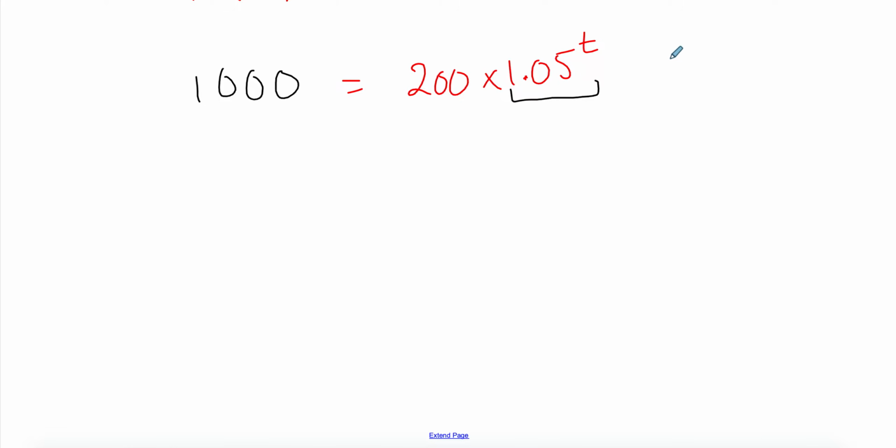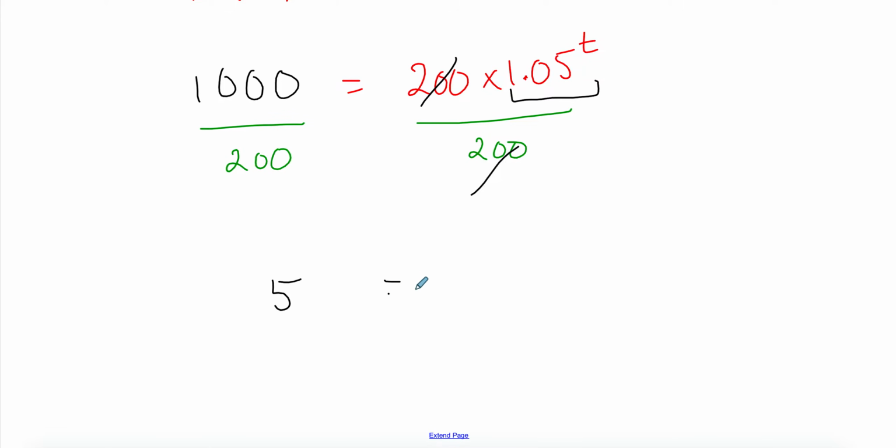So if there was a plus any value in here, you're going to get rid of that, and then you're going to get rid of the 200. Right now there's not any value being added, so I need to get rid of this 200. So using the balancing method, I'm going to divide by 200 on both sides. So this way I cancel out my 200, and this will simplify to a 5.